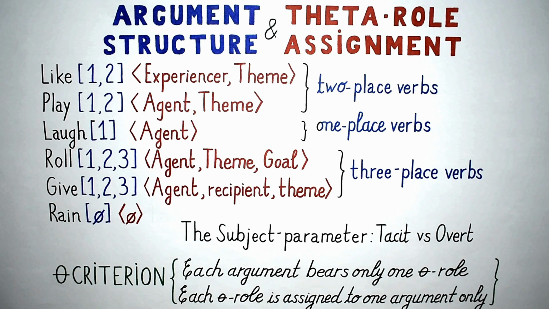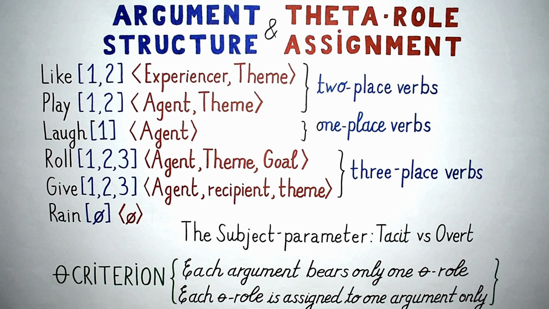That is, if we have assigned the theta role experiencer to the subject in I like tennis, or if we have assigned the theta role theme to the object tennis, we cannot assign these theta roles to any other arguments.